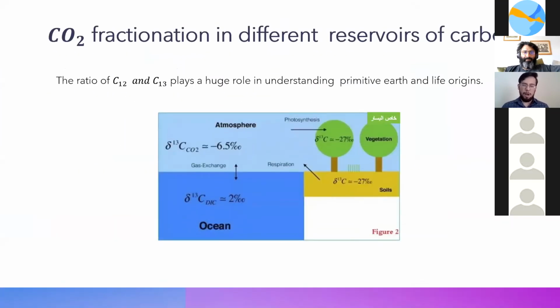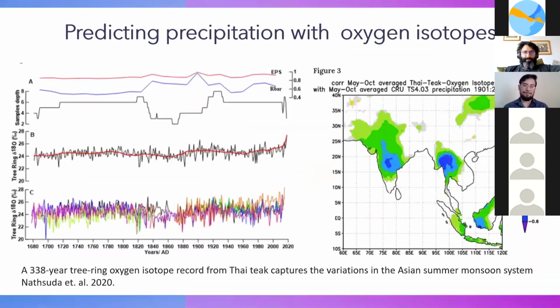And this is not the only application of isotopic fractionation. For instance, carbon dioxide fractionation in different reservoirs, such as ocean, atmosphere, and soil, is used to evaluate a lot of things. Here in soil, we see that the isotopic fractionation of carbon 13 is actually negative, which might imply that biological systems tend to prefer carbon 12, and many more.